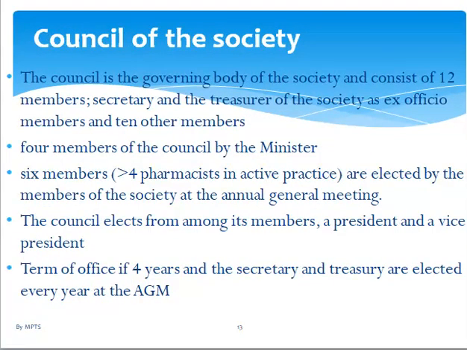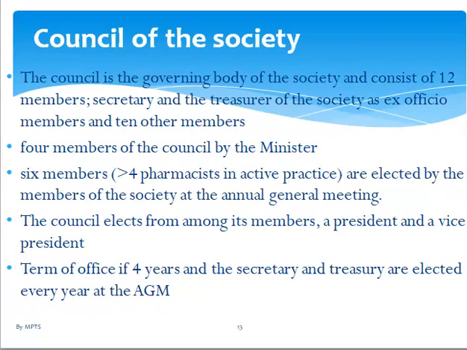Of course, let us talk about the Council of the Pharmaceutical Society of Uganda. This is the governing body of the PSU. There are 12 members. The secretary and treasurer are ex officio, and there are 10 other members. Of course, ex officio means that they don't take part in voting. They're just members.